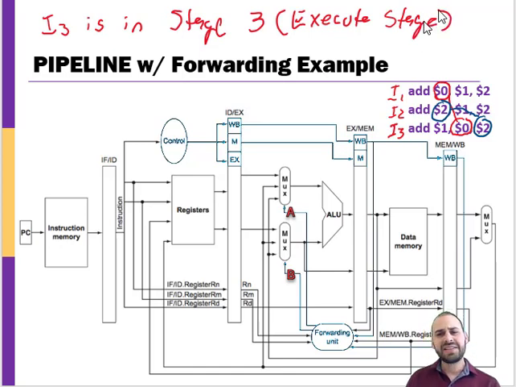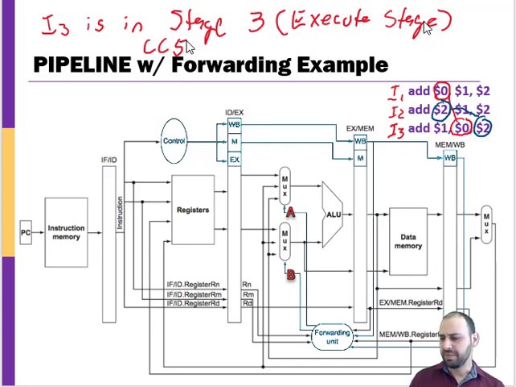That's going to be stage 3 at clock cycle 5, because it starts running at clock cycle 3 and then 2 more. So we're taking a snapshot of this at clock cycle 5.